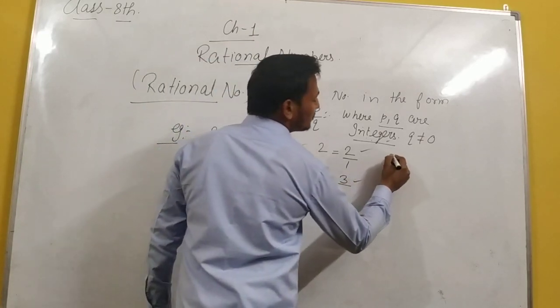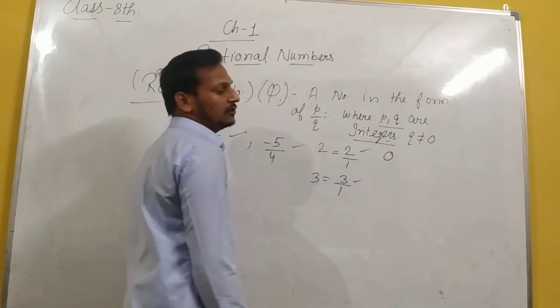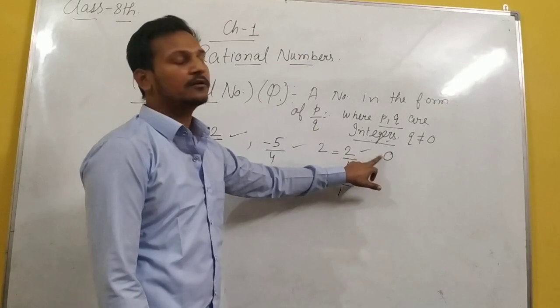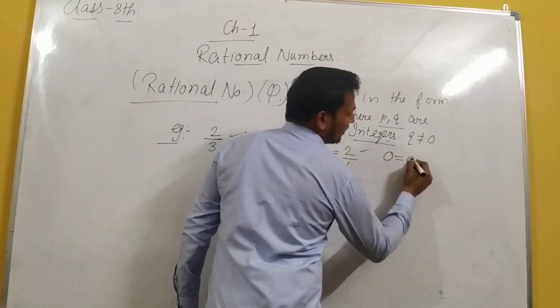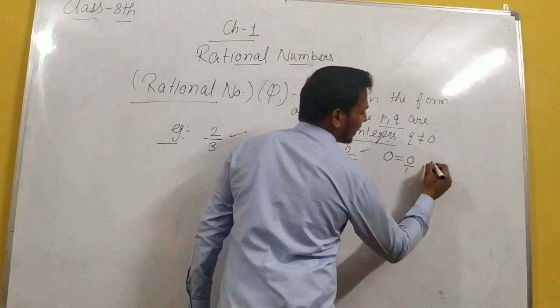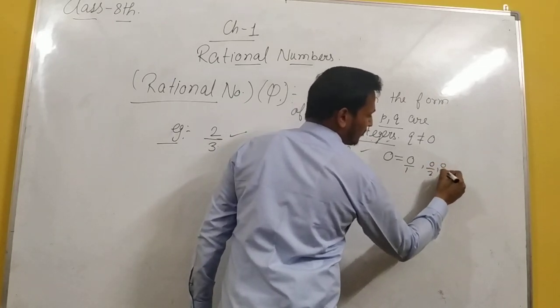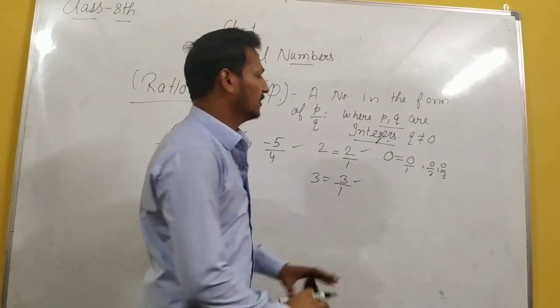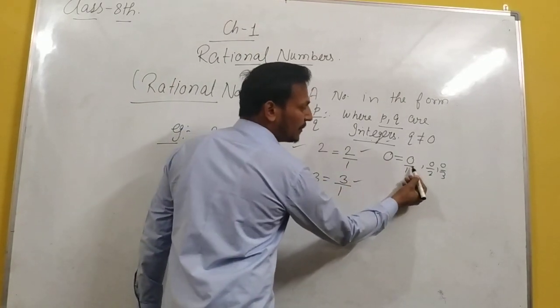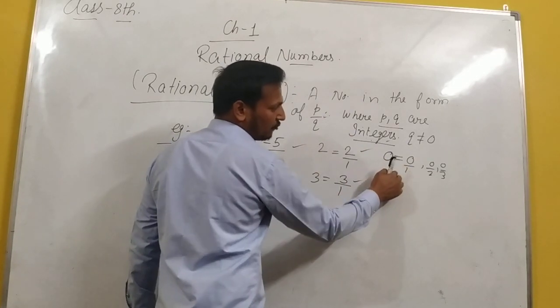In the same way, let's calculate for 0. Is 0 a rational number? 0 can be written as 0 by 1. Also, we can write 0 by 2 or 0 by 3, anything. 0 can be written in any form. But the conditions are: is it in the P by Q form? Yes.